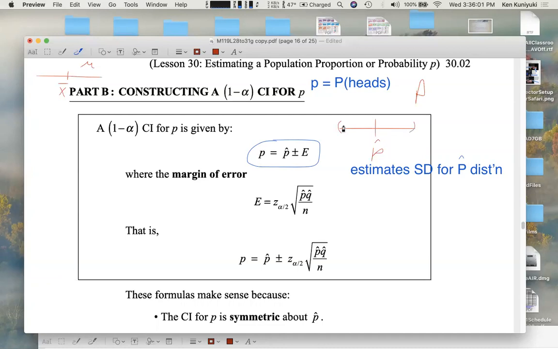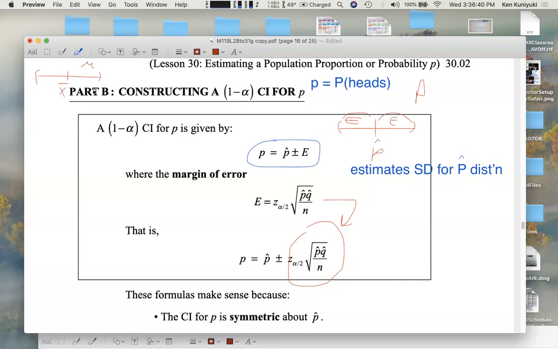Also, E is the half width of this interval. So the margin of error is from here to here, and also from here to here. The limits of the confidence interval are obtained by taking p hat and then adding and subtracting this margin of error, E. So from p hat, you add E to get the upper limit of the confidence interval, and you subtract E to get the lower limit, just like before.